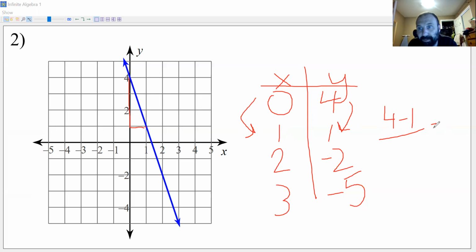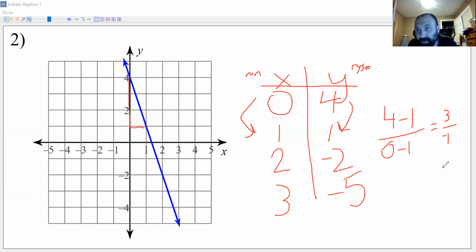I know that's 3. And from 0 to 1, I could say 0 minus 1. I know that that's -1, right? Because I'm just finding the difference between these two and finding the difference between these two. And I have my rise and my run. And we know it's rise over run. And it looks like the change is 3 over -1.